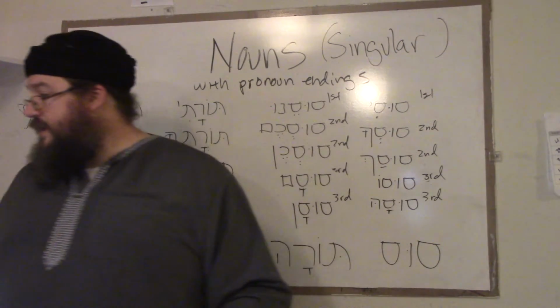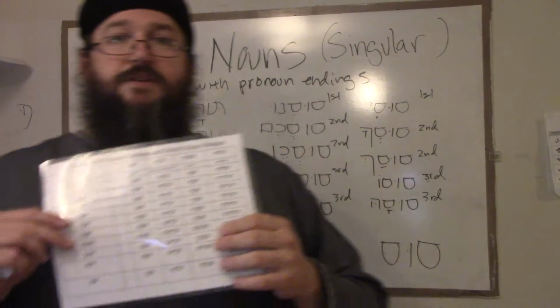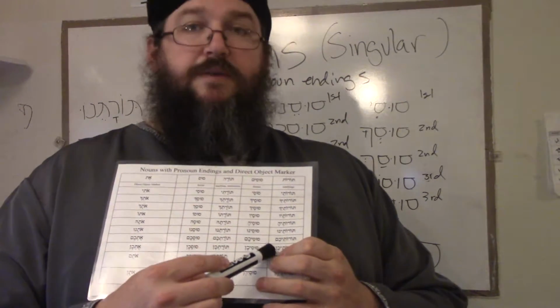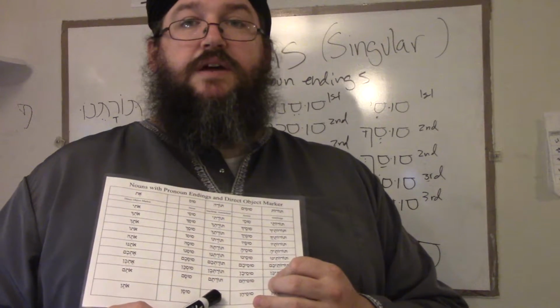In the chart, if you look at it very carefully, you notice it's listed out here. You can see the actual forms, the feminine, the masculine, and you can look at the endings and see how the endings work.